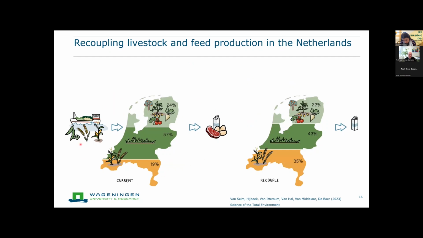This is the current situation, with the ship symbolizing a huge import of feed into the country, and then producing a lot of livestock products that are partly exported again to other parts of Europe. And this is the new situation where we have no import, no ship entering the country with feed, and we reduce the exports of livestock products, and only to the extent that it comes with the production of other products, and recouple feed production in the country with livestock production.